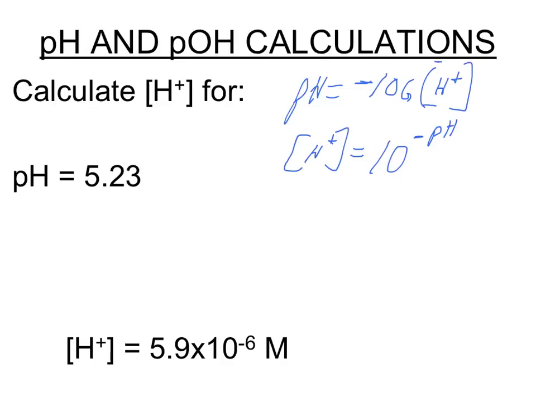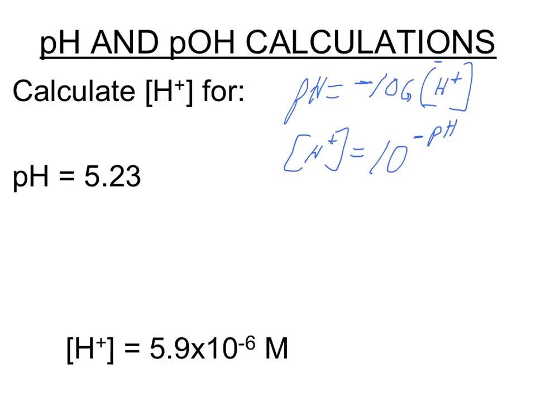So this is just rearranging that equation I have. I'm bringing the negative sign over on this side, and I'm taking the anti-log of this to get the H plus concentration, and the anti-log is taking it, raising it to the 10th power, so I have 10 to the minus pH as my formula.